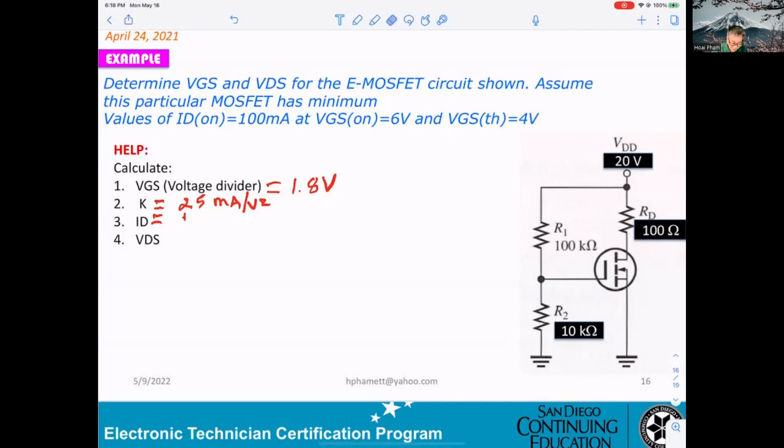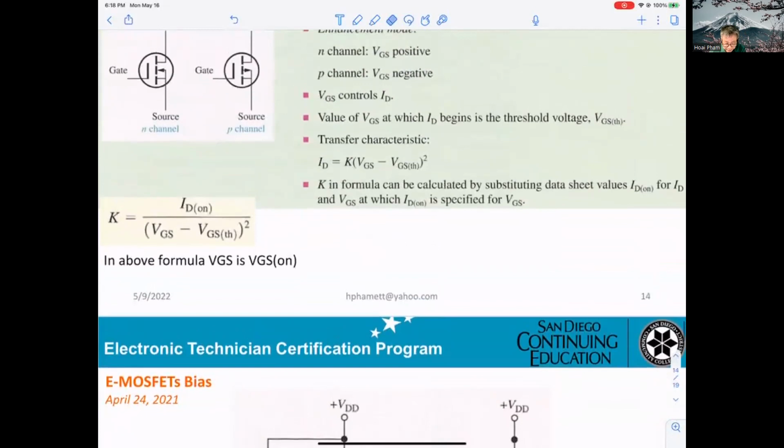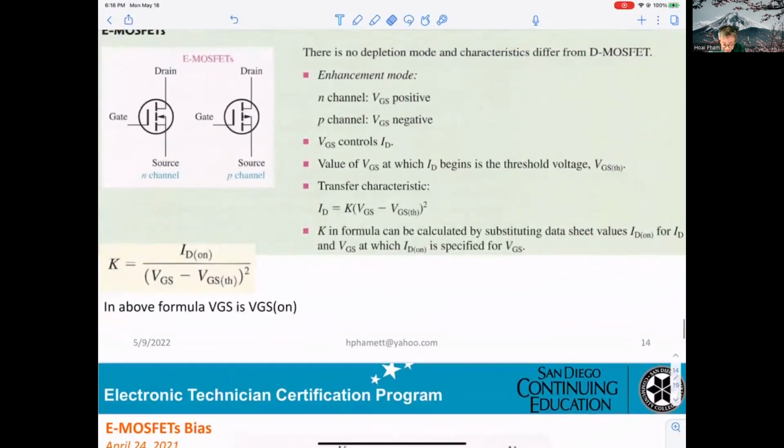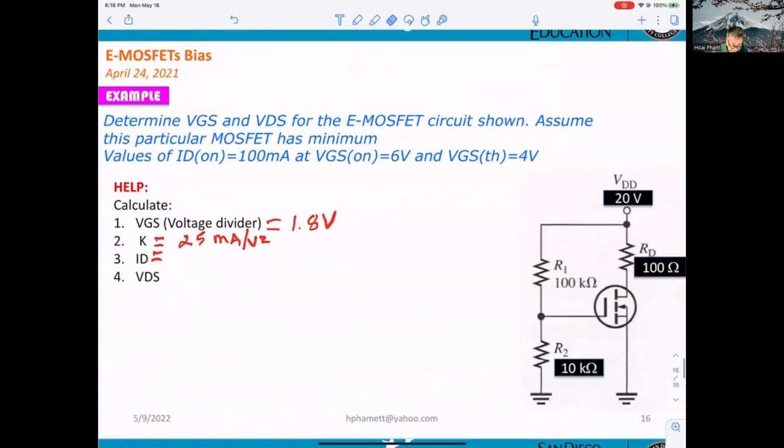Let's say ID: VGS minus VGS(TH). K equals 25, right?